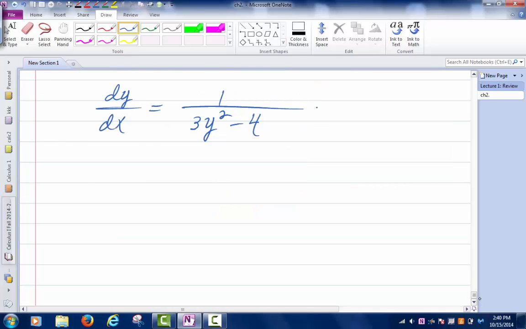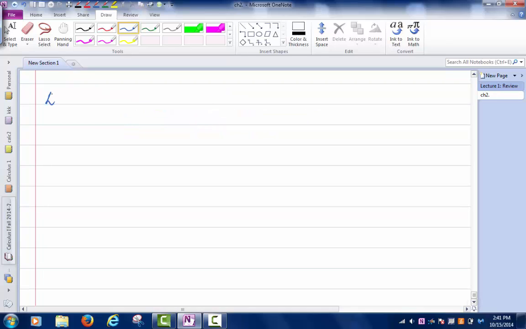Okay, let's look at a little bit harder example. Here's an example. Say I have x cubed plus y cubed is equal to 6xy. And what I want to do is again find dy dx. Okay, so what do I do? Well, I have to take the derivative of both sides with respect to x, right?